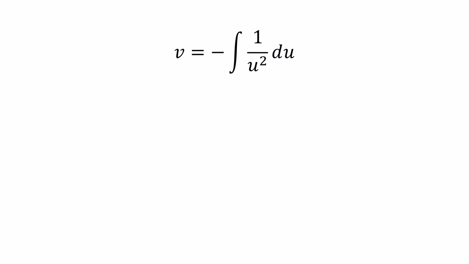Rewriting the integrand in terms of negative exponents then gives v equals minus the integral of u to the negative 2 du. Integrating then gives v equals u to the negative 1.